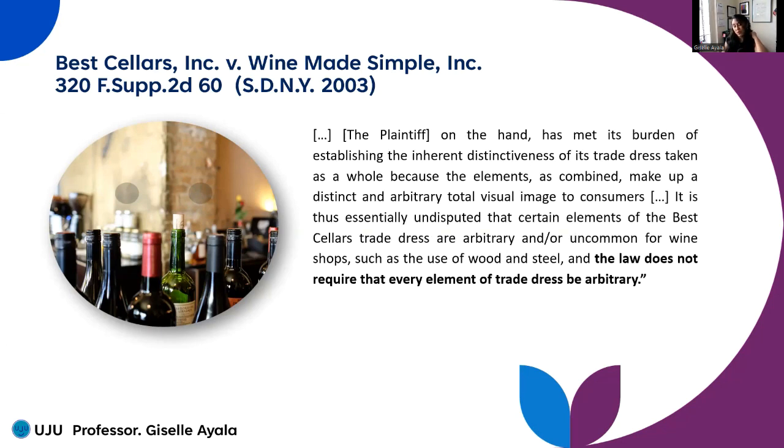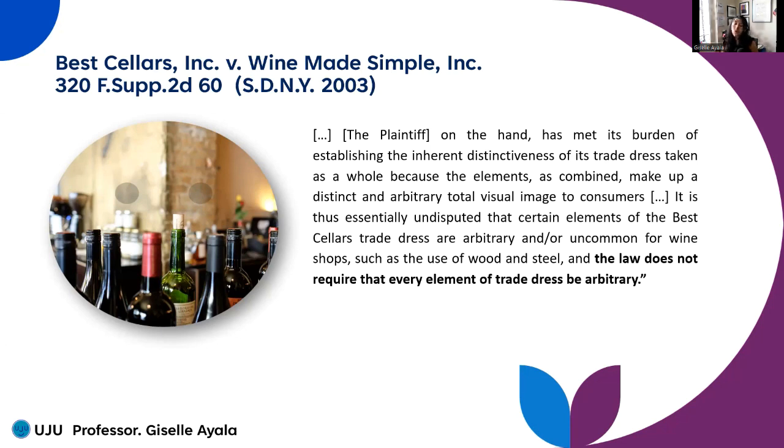The court also noticed here that the evidence was not great on the part of the defendant. They were not really able to explain why they had come up with a similar design or layout for their stores. However, the court explained that the plaintiff had met its burden of proof, explaining how the design of the store was not functional. It had no relationship to the quality of the wine, and it was not related to cost.